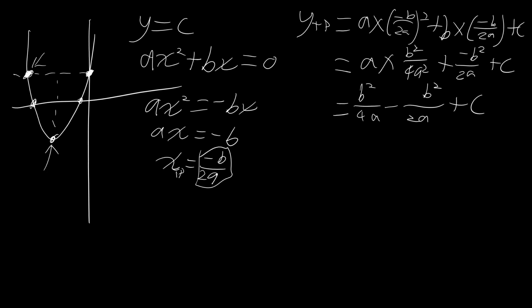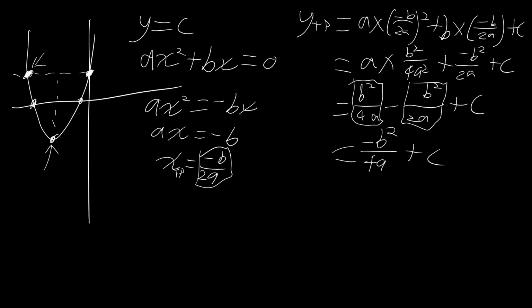So that means that this is half as much as that, which will result in negative b squared over 4a plus c.